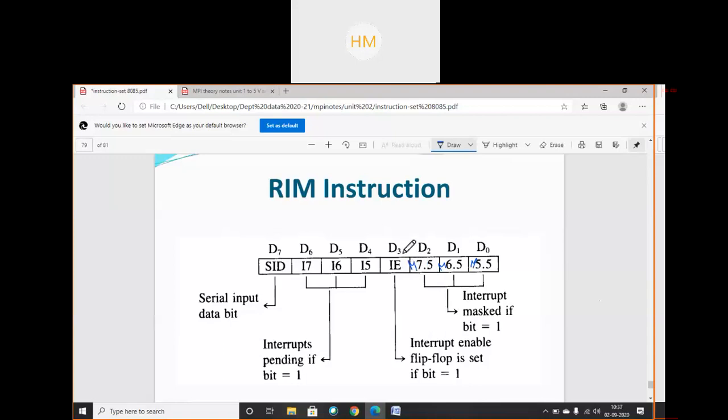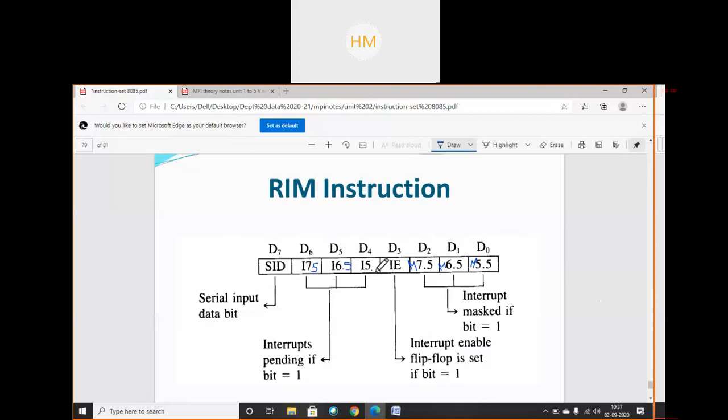Then the fourth bit is your IE, interrupt enable flip-flop. Then these 3 bits are I 7.5, 6.5, 5.5. Write them down so you will not get confused.